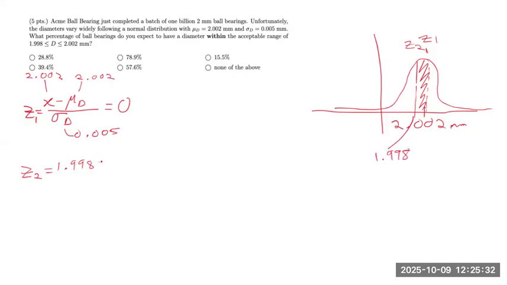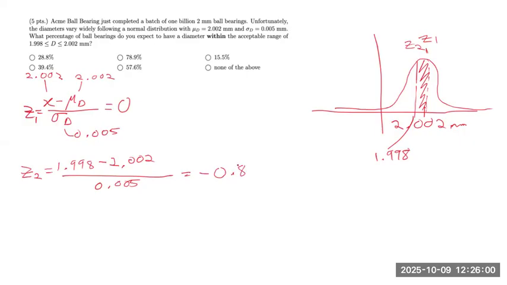So 1.998 minus the mean, which is 2.002, over the standard deviation, which is 0.005, is equal to 1.998 minus 2.002 divided by 0.005. So that z-score is actually going to be negative 0.8.